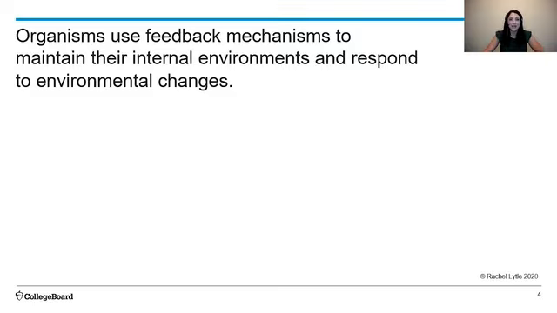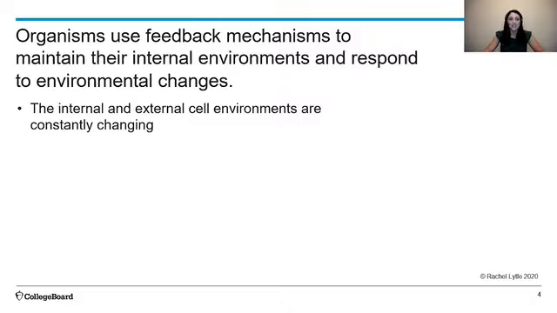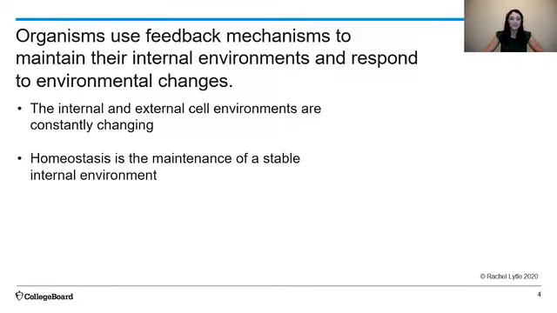Organisms use these feedback mechanisms to maintain their internal environments and respond to environmental changes. So organisms are constantly living in environments that are changing internally and externally. So organisms use the process of homeostasis to maintain a stable internal environment.